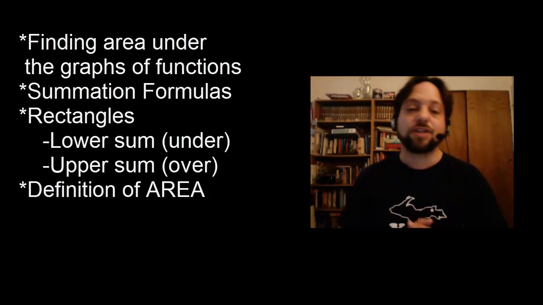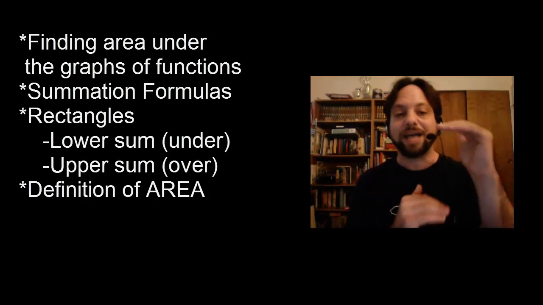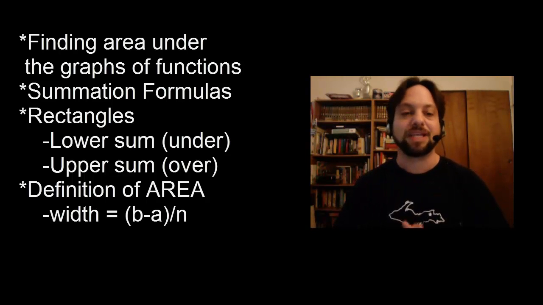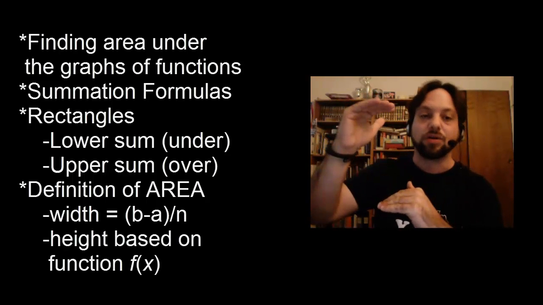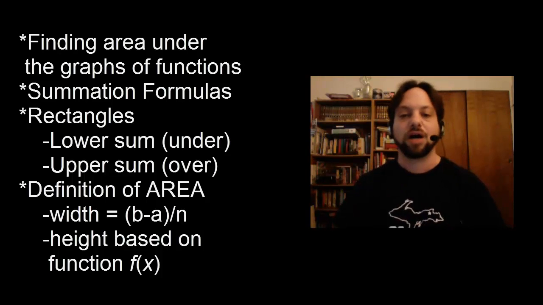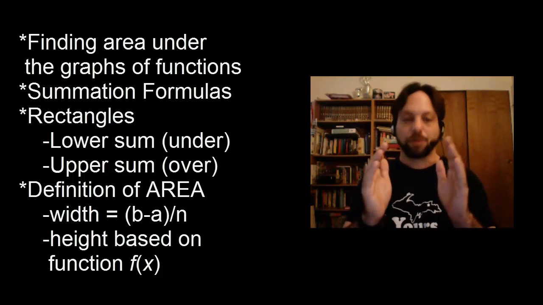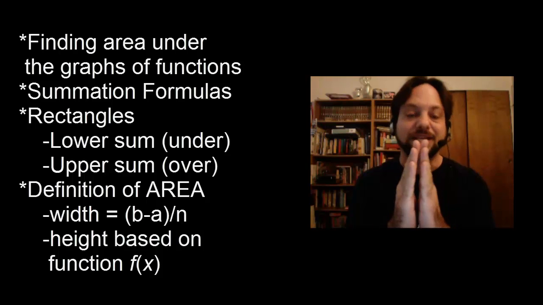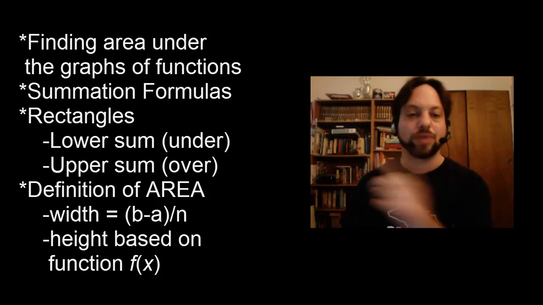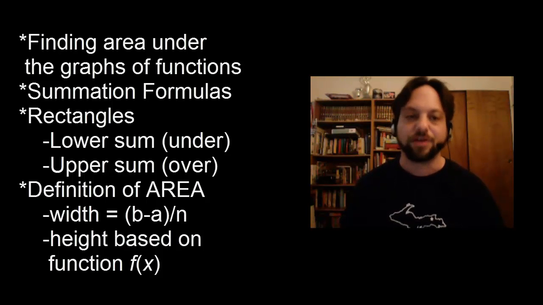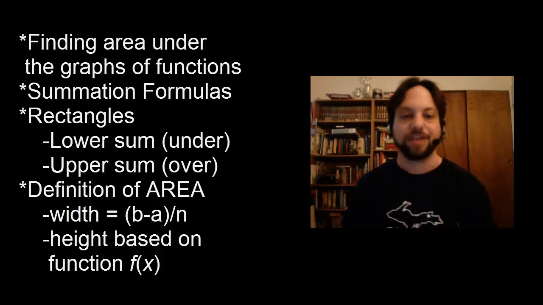That definition of area forced us to look at the width and height of each rectangle, and so we said, well, the width of each rectangle is simply the length of the interval divided by n, and the height of each rectangle was based on the function whose area we were calculating. So remember that we simply wanted an infinite number of infinitesimally narrow rectangles, and once we added those up using our summation formulas, we found a very, very, very accurate representation of the area.